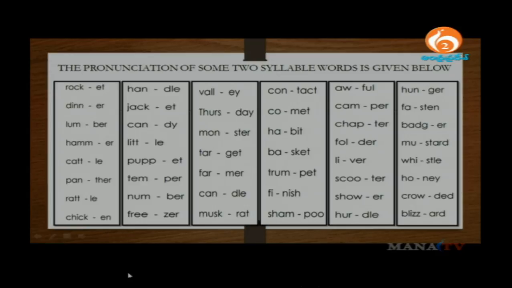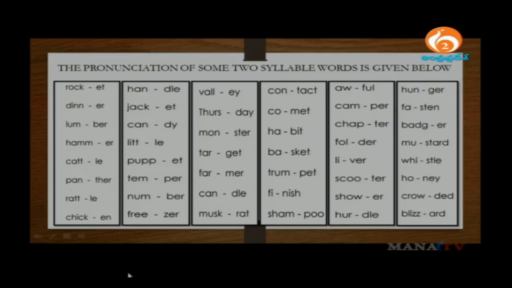Freezer, freezer. Valley, valley. Thursday, Thursday. Monster, monster. Target, target. Farmer, farmer. Candle, candle.